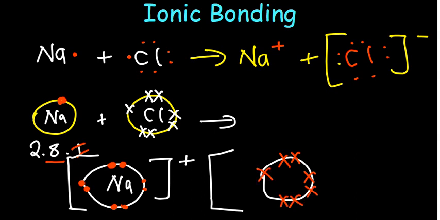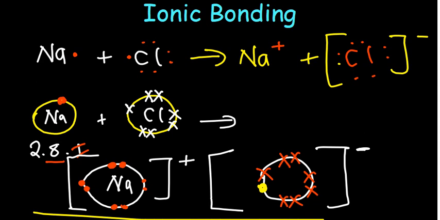In addition to that, it has gained a dot from sodium. So it has now gained a negative charge. These two will be a single compound because they are being attracted to each other due to electrostatic attraction, due to their difference in charges. So this is exactly what ionic bonding is.